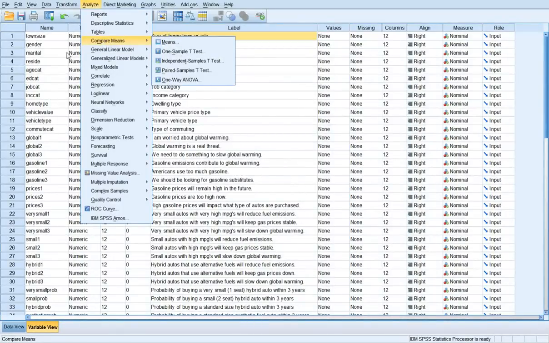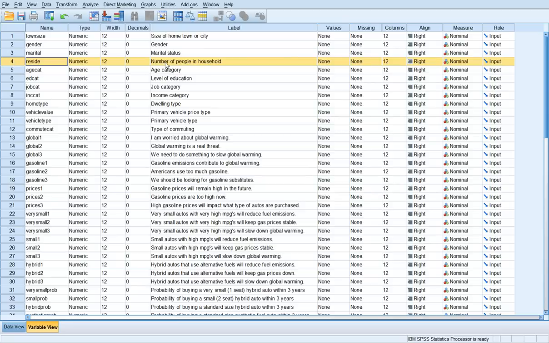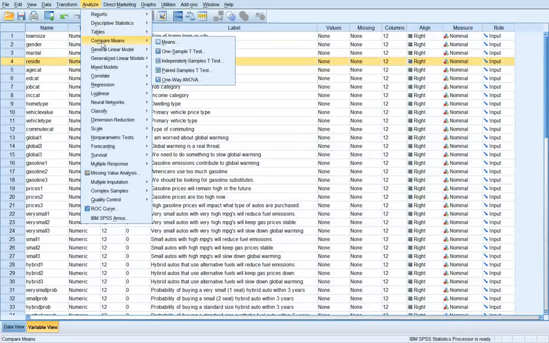So let's say I want to check if the number of people in household is equal to 3. This is the hypothesis which I want to test. To do so, I need one sample t-test, which in SPSS is under Compare Means, One Sample t-test.